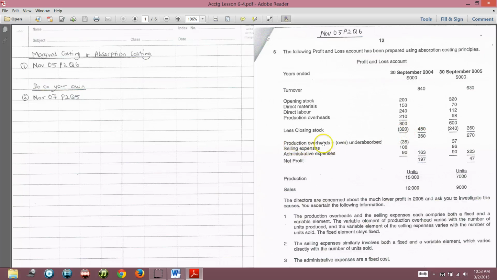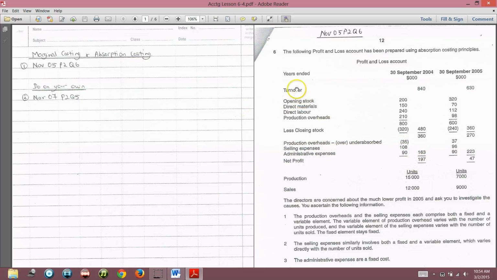And this one is the adjustment for production overhead. Below here it seems to be all the office costs. So now we can imagine that the absorption costing principle for profit and loss account separates between factory costs on top here, and office costs below here, except for production overhead. Then we get net profit.